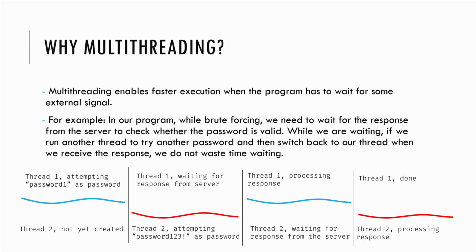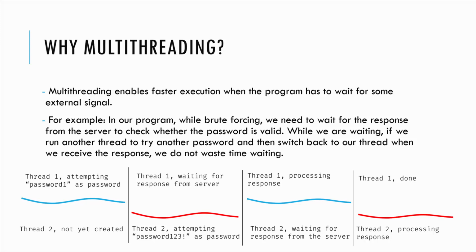Now let us take the case where we have multiple threads running. On the screen you have a diagram where two threads are running, thread 1 and thread 2. Thread 1 attempts login as admin and password 1, and then it is waiting for the response from the server. In the meantime, we create another thread, call it thread 2, and it attempts password 123 exclamation mark. Now thread 2 has to wait for the response from the server. So we pass the execution back to thread 1, and as soon as thread 1 receives the response, it starts to process it.